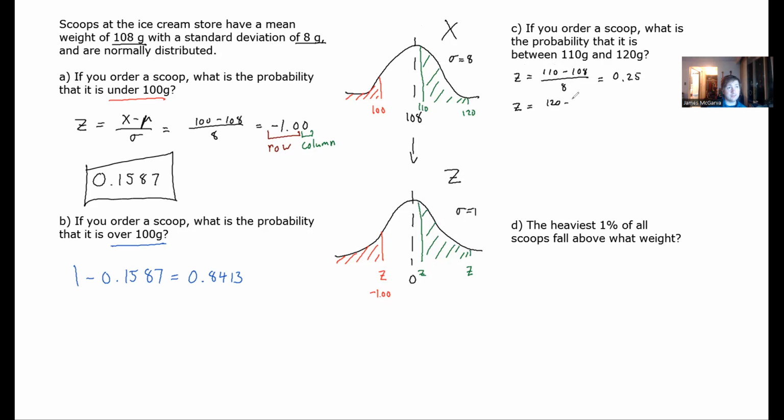So 120 minus 108 over 8 gets me 1.50. So there we go. We have our two z-scores here, which we could draw on our diagram if you want. Obviously, the diagrams are not strictly necessary, but they can help you figure out what's going on. Now we're going to look up both of these on the table. I'm going to look up 0.25, and I'm also going to look up 1.50.